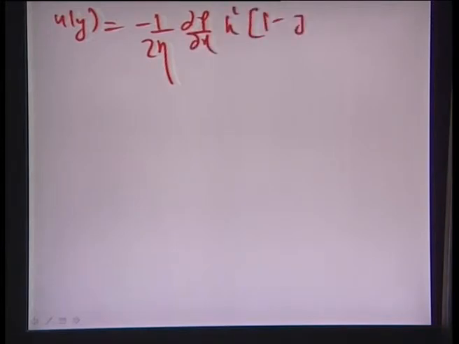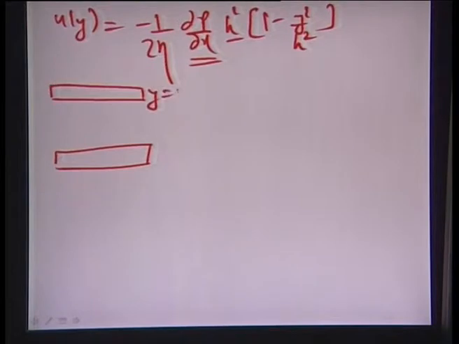So, essentially the function that we obtained for the velocity u in that case was u = -(1/2η)(dp/dx)h²(1 - y²/h²), where dp/dx is the pressure gradient across the capillary in the x direction, and we assume that the two plates are respectively fixed at y = +h and y = -h.